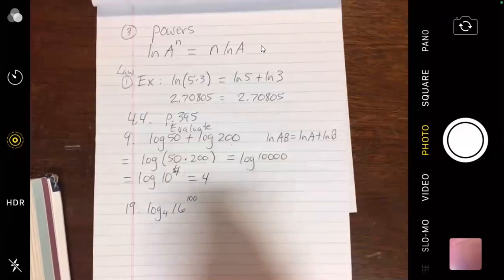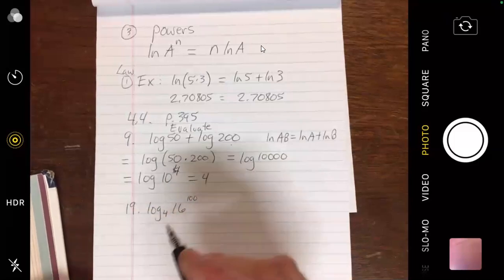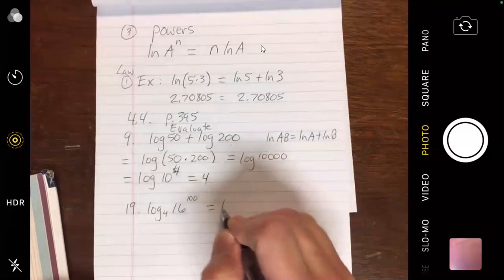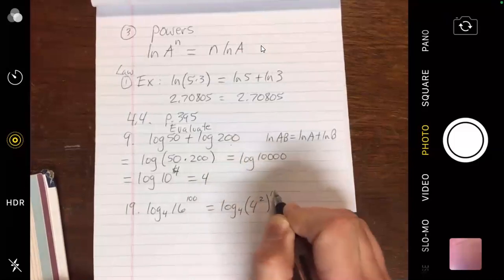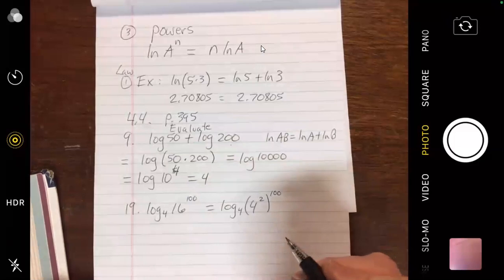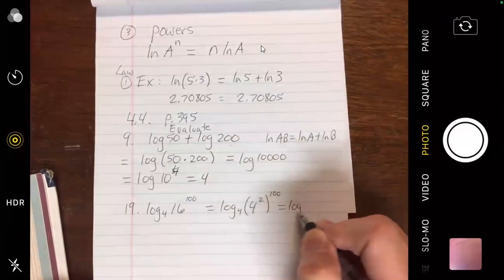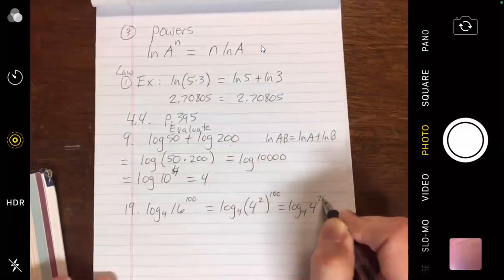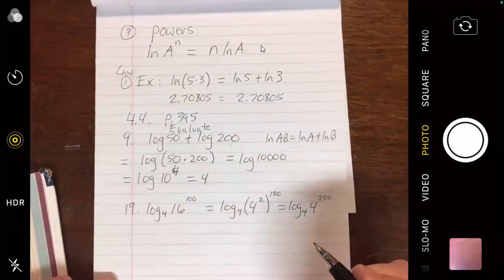We can put the 100 in front and then play around, or I can just write 16 as 4 squared raised to the 100th power. When I raise to these powers, they multiply. That would be a log base 4 of 4 to the 200th power, which would be a darn big number. And you can see you should get 200.